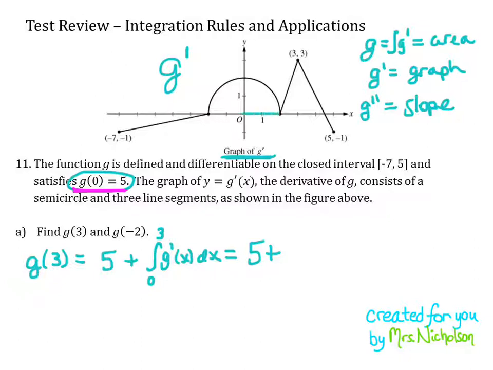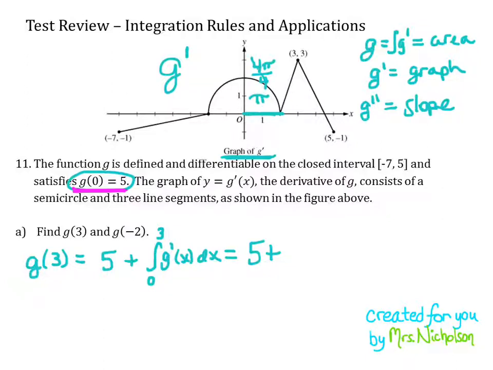Well, from 0 to 2, right here I have a fourth of a circle whose radius is 2. So the area of that whole circle would be pi r squared, or pi times 2 squared, which would be 4 pi. But this is only a fourth of it, so I'm going to divide that by 4. And we'll get pi for this area.